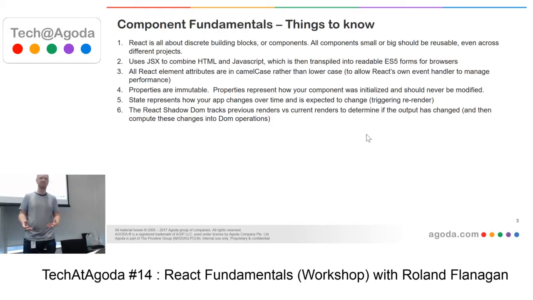So there's a few things to know when you're looking at React. It's a component-based system. So it's about these discrete building blocks that you put together to create your application. If you think of your application as a game of Jenga, each of those individual pieces in a game of Jenga is one of our components, all built on top of each other, many on the same level, some underneath.